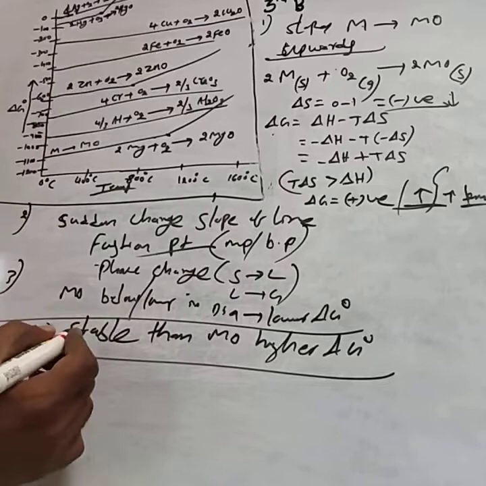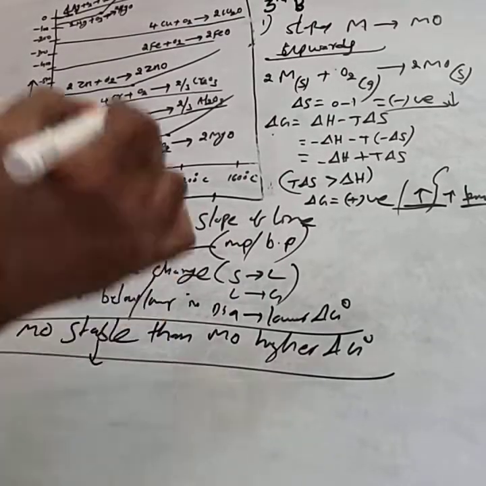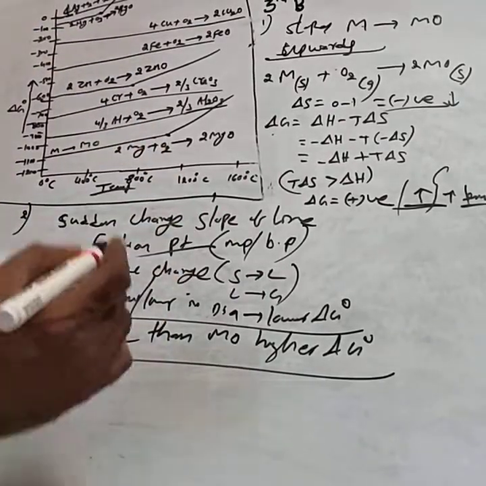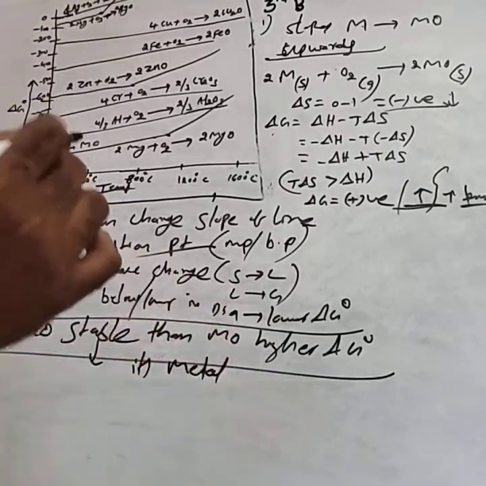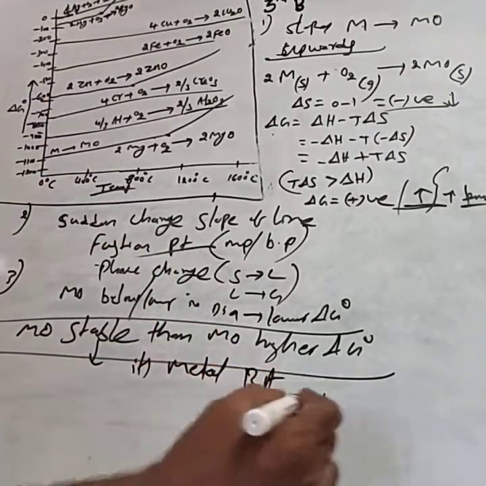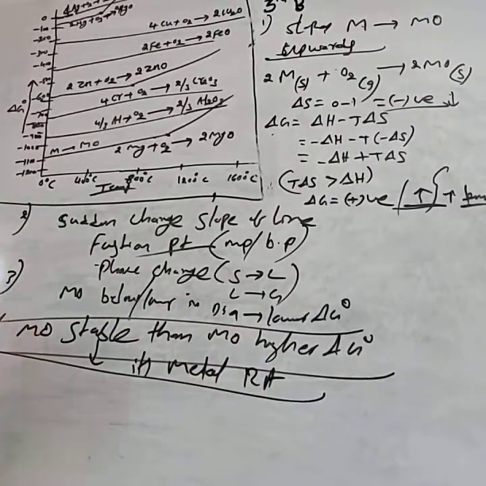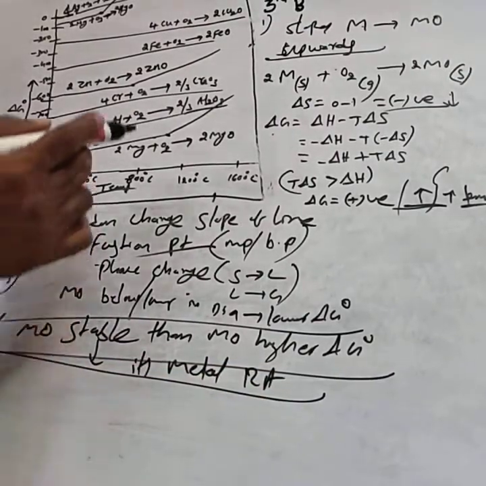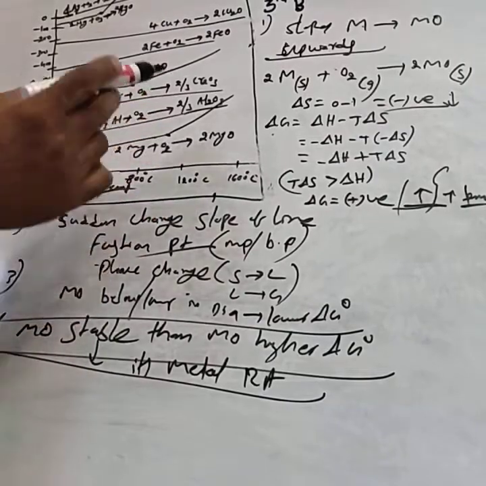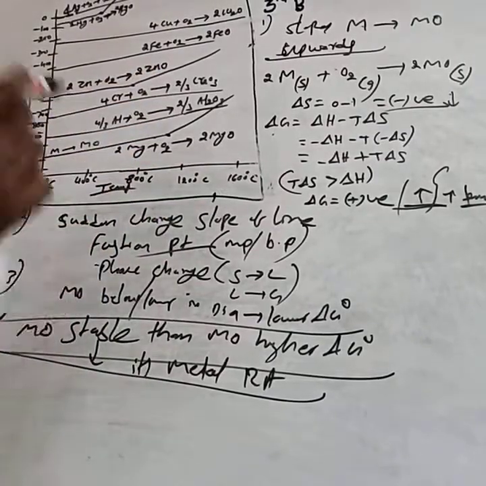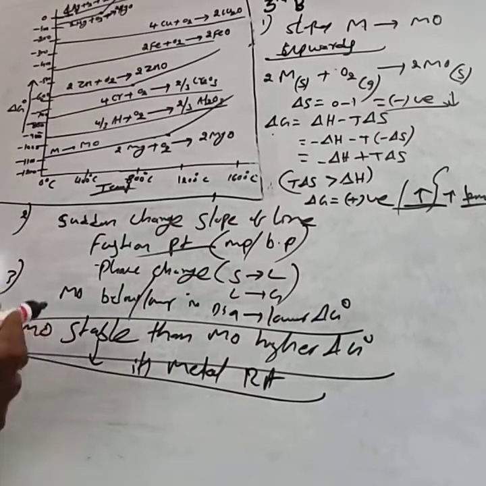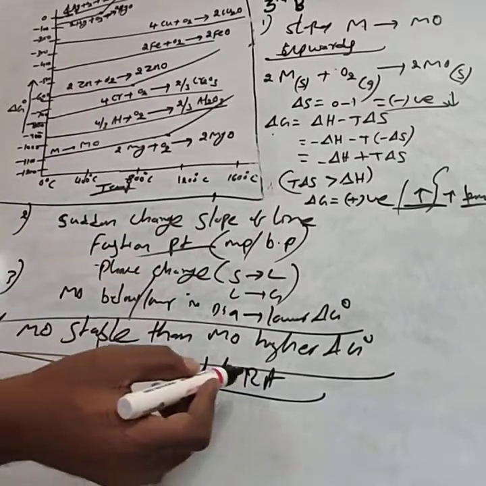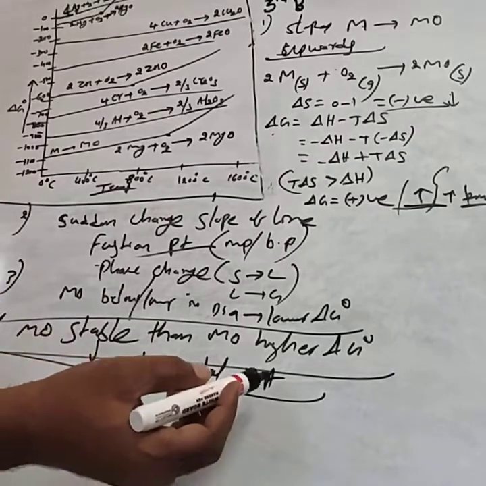If the metal oxide is more stable, then its metal always acts as a reducing agent. This is the most important point. If you select which metal oxide is more stable, by using that one we can select the reducing agent. The stable metal oxide's metal always acts as a reducing agent.